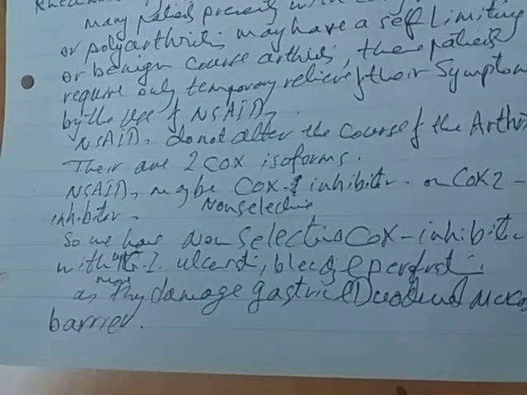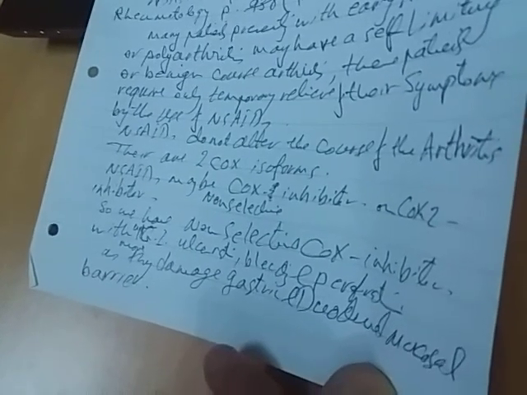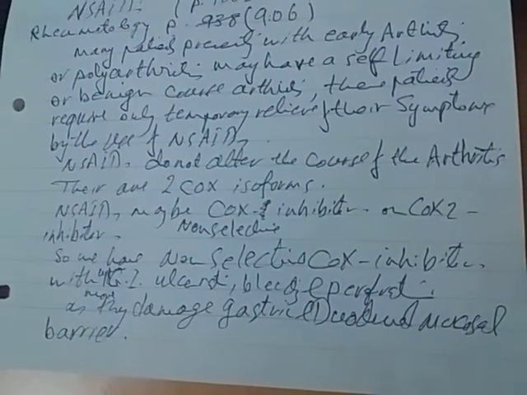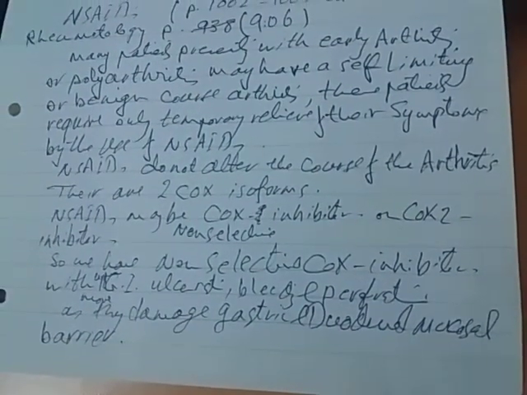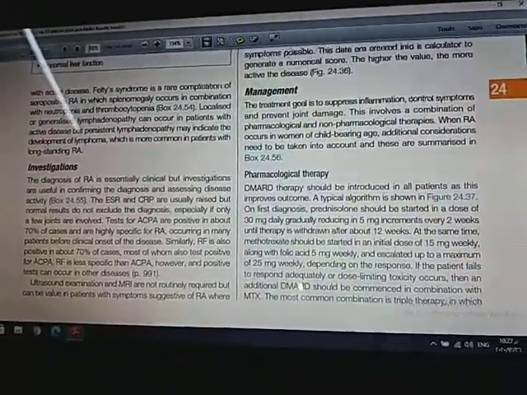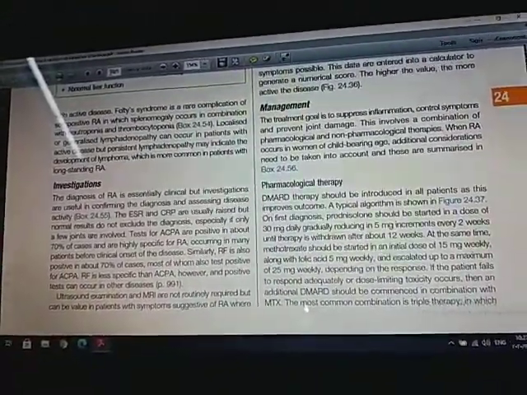COX inhibitors are associated with upper GI tract ulceration and bleeding perforation complications, as they damage gastroduodenal mucosal barriers. Dyspepsia is a poor guide to the presence of non-steroidal associated ulceration and bleeding.